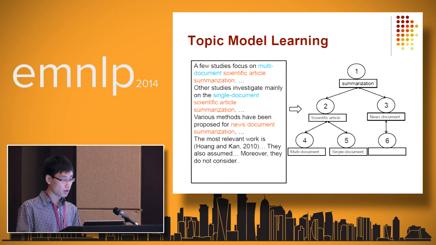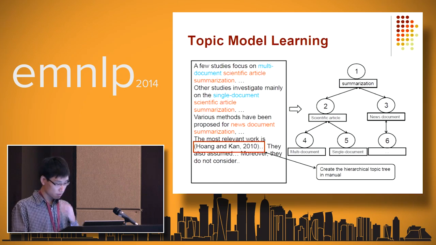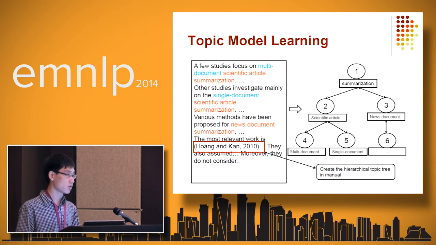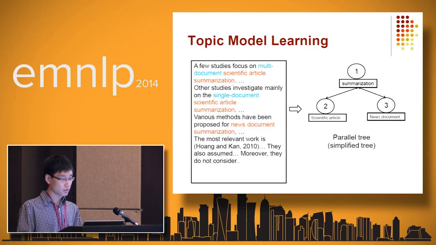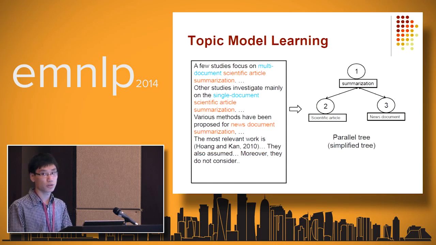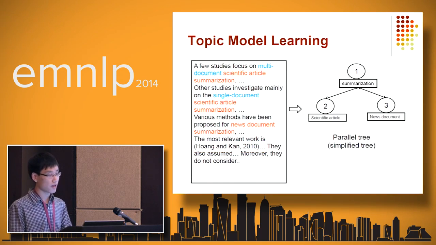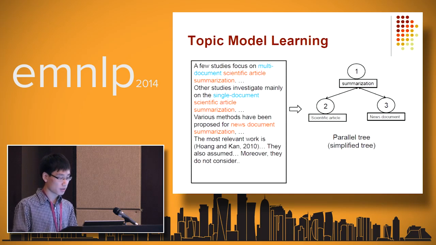So Han and Kang created this kind of topic tree manually. So our solution is straightforward. We simplify the tree, and in our simplified tree, there exist only parallel topics.